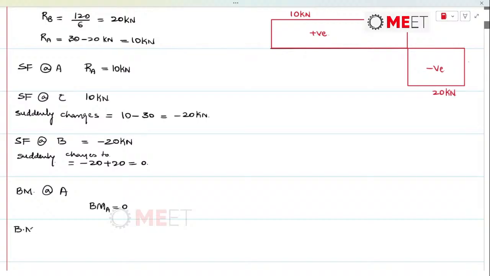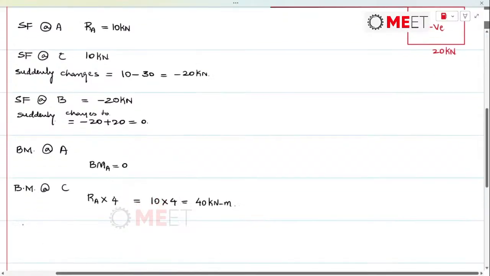Next is bending moment at C, which is equal to RA into 4 meters. What is RA? RA is 10, and the distance is 4, so that is 40 kilonewton meter.